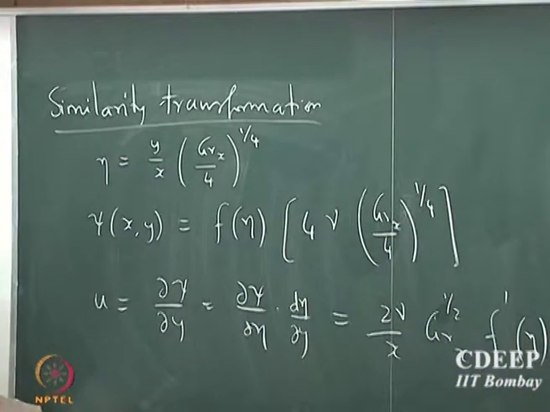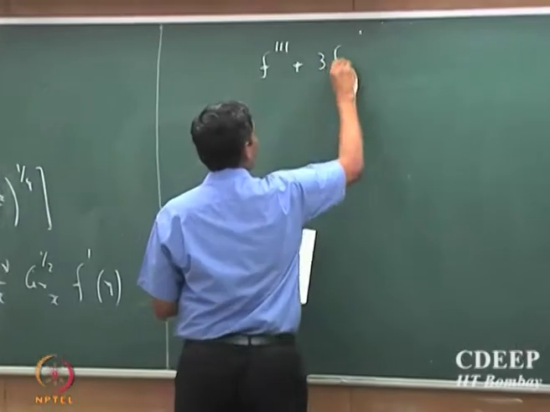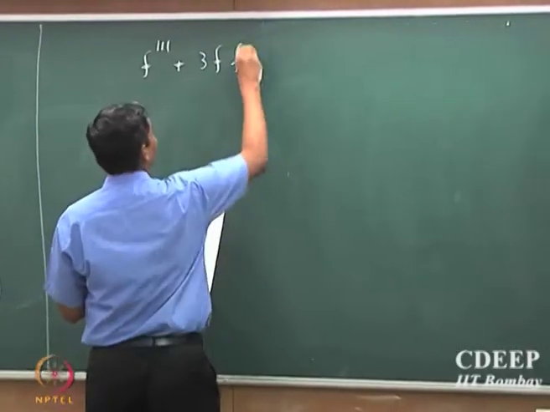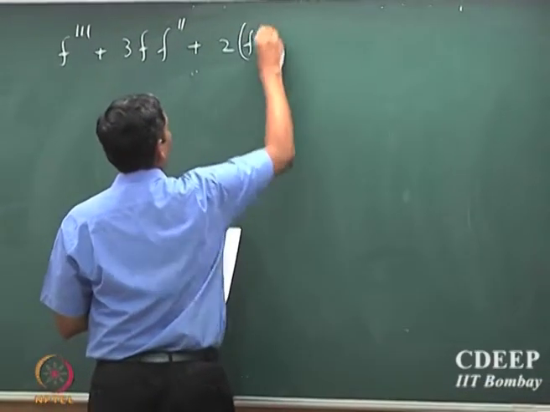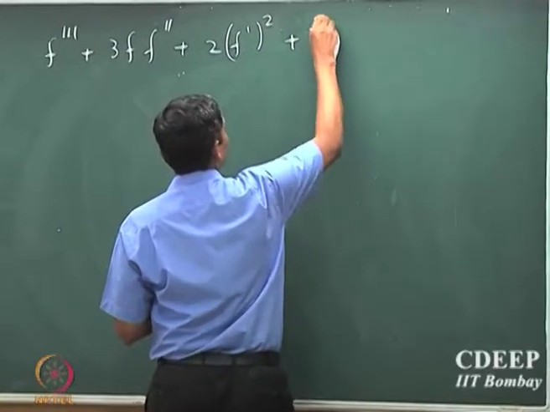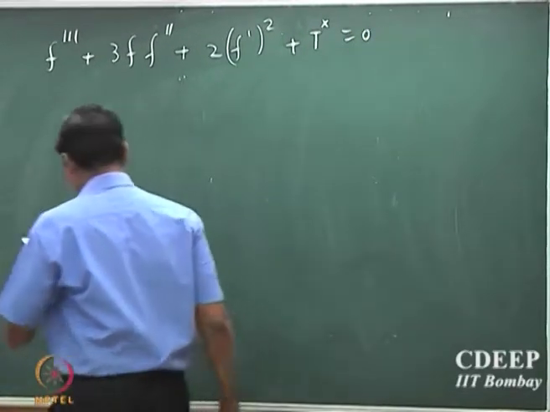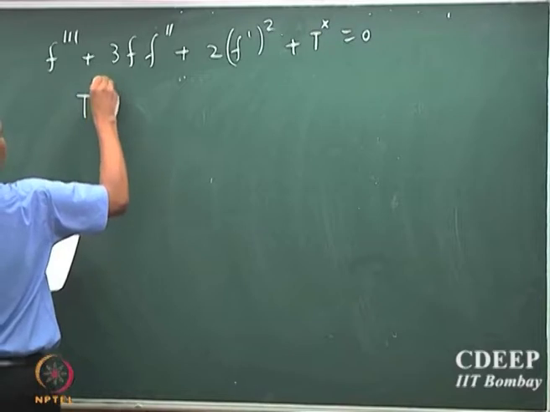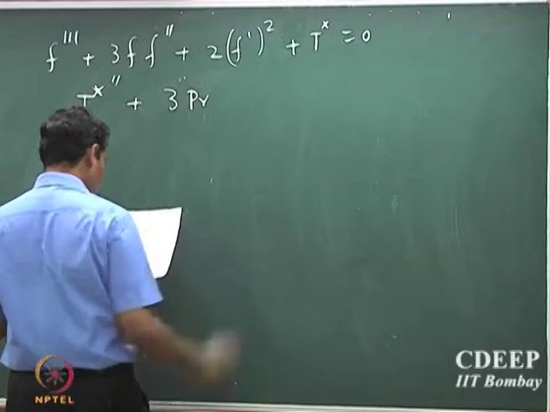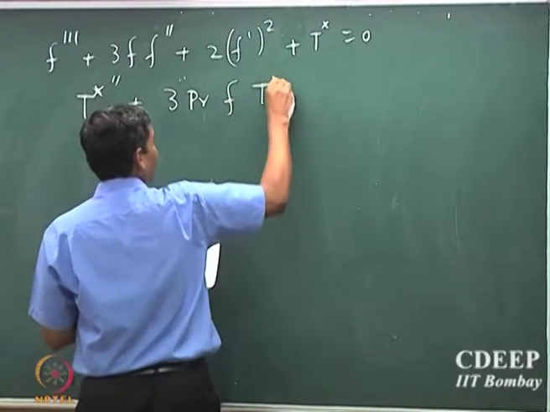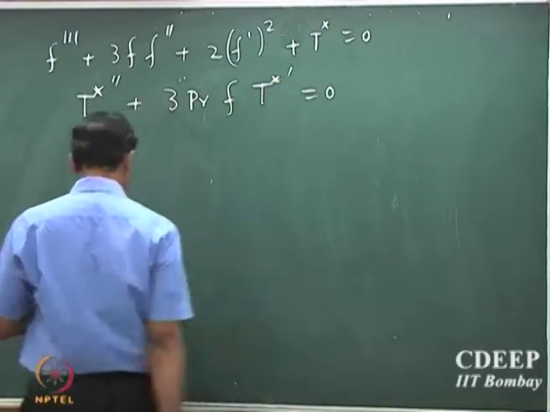Using these definitions, we can rewrite the model equations as f triple prime plus 3f into f double prime plus 2f prime square plus t star equal to 0, and t star double prime plus 3 times Prandtl number into f into t star prime equal to 0.